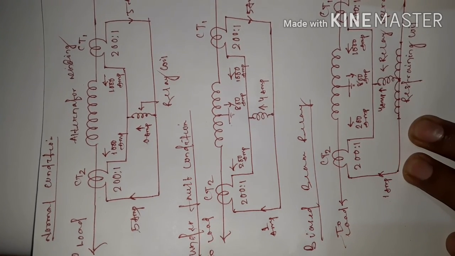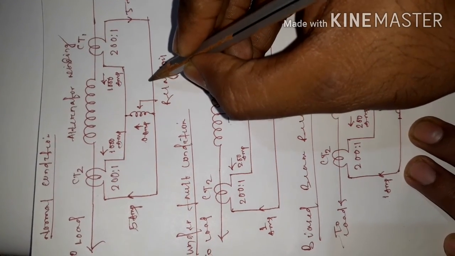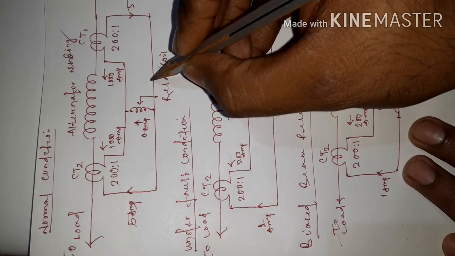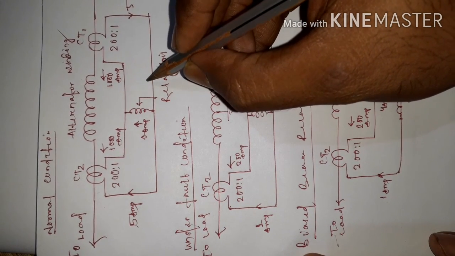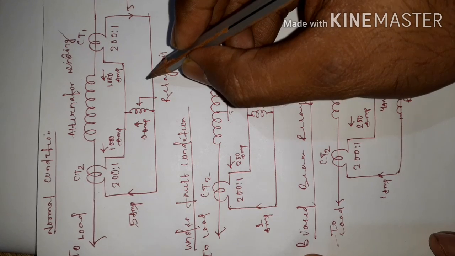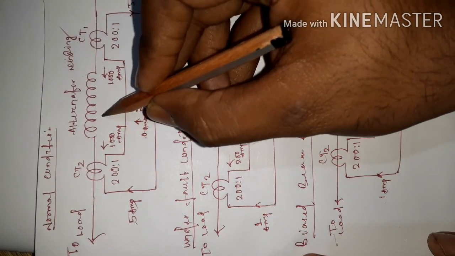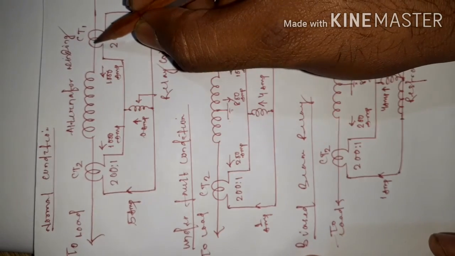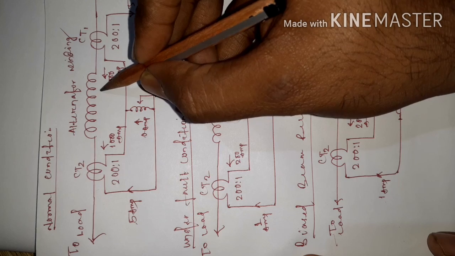Under normal operating condition, here is the figure. This relay is used for the protection of alternator winding. The single line diagram of the alternator winding is given here.